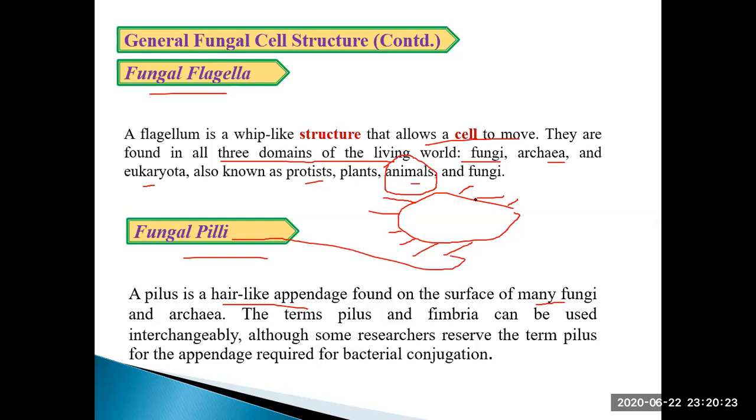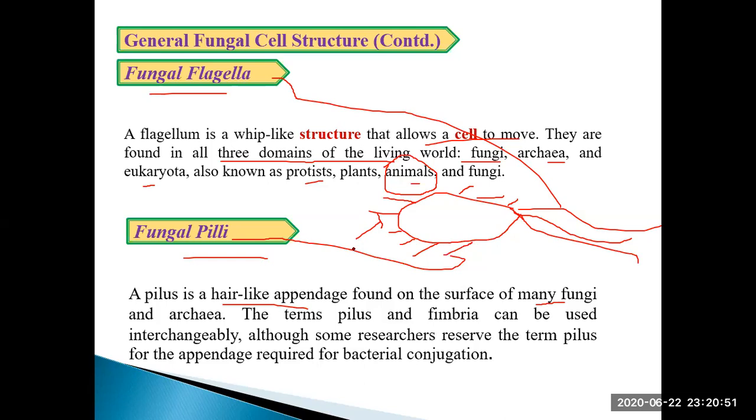But a flagellum is present in different kinds of fungus too, and it helps to move. Mainly pili help to attach to the surface of anything. With the help of pili, it can attach to a surface or any environment.